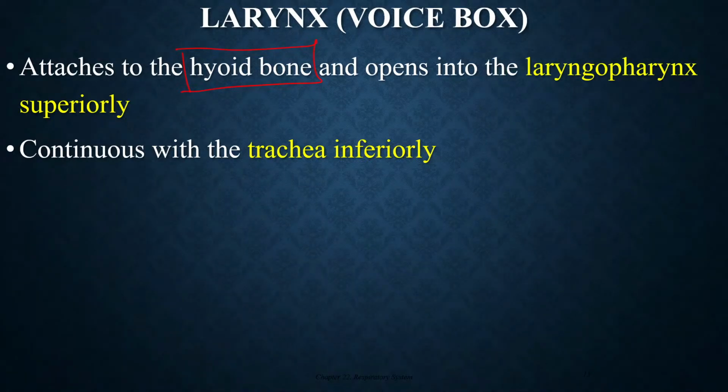Okay, so the voice box or the larynx, it attaches to the hyoid bone, the bone that separates the brain and the nasal cavity, separates the central nervous system and the nasal cavity, and it opens into the laryngopharynx. And I believe I explained what laryngopharynx is.